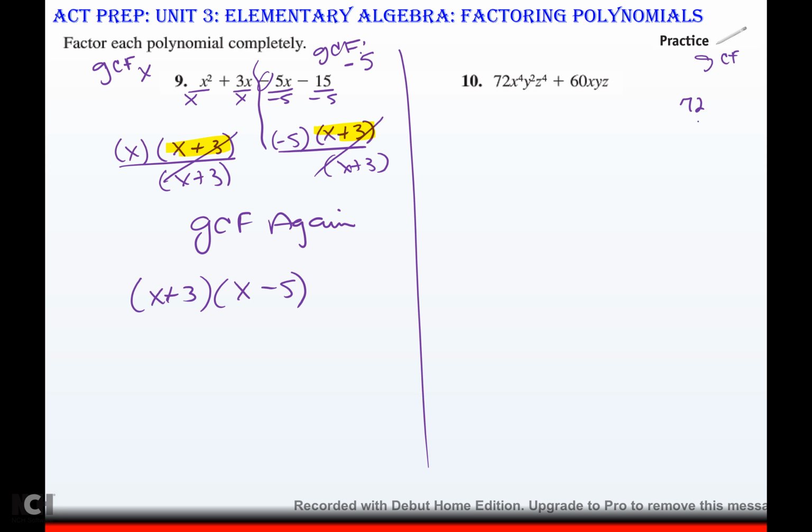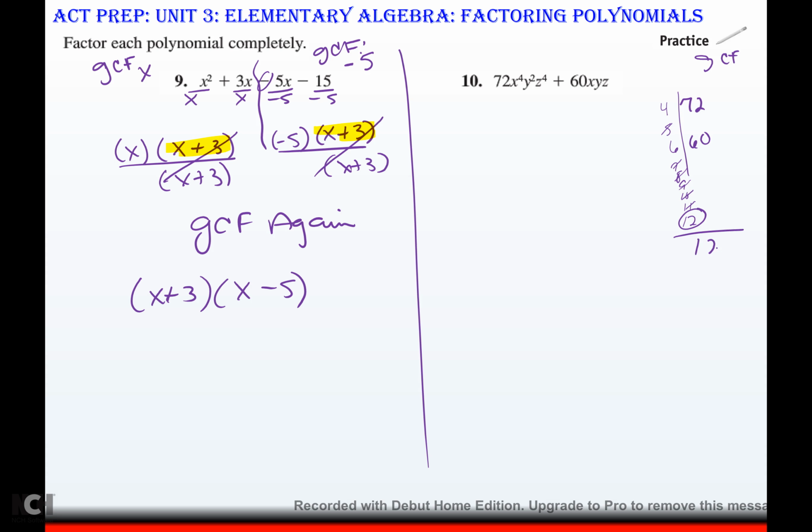You have 72 and 60, and I'm not starting with 60 and going backwards. So I just start with, I know that, let's see, 1 goes into them, 2 goes into them, 3 no, 4 yes, 5 no, 6 yes, 7 no, 8 no, 9 no, 10 no, 11 no, 12 yes, and the rest are no's.